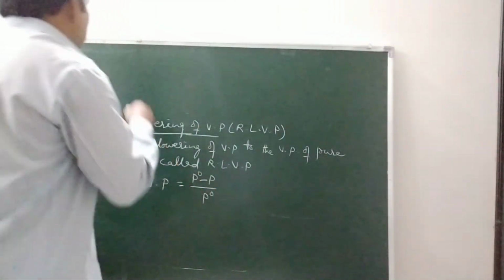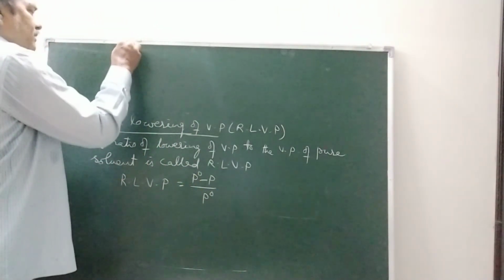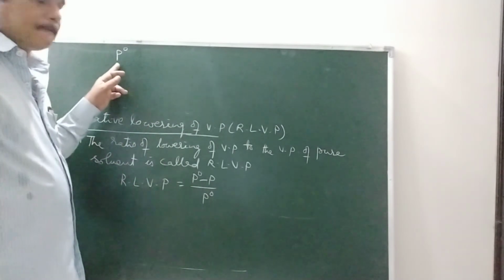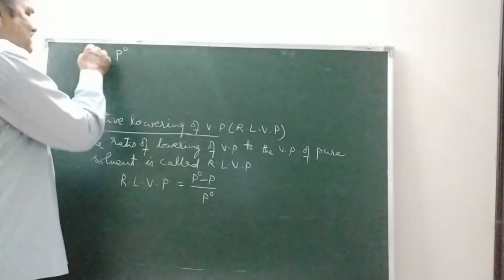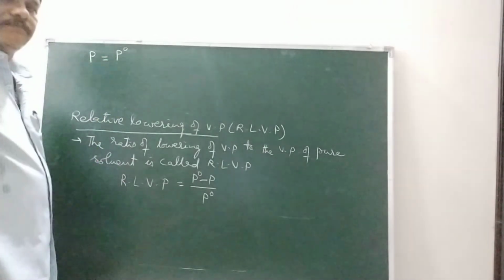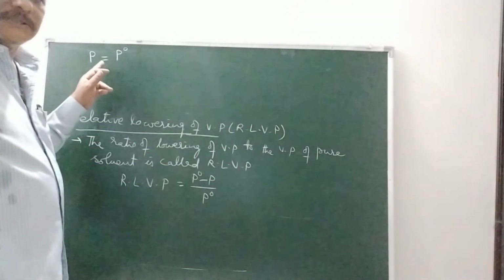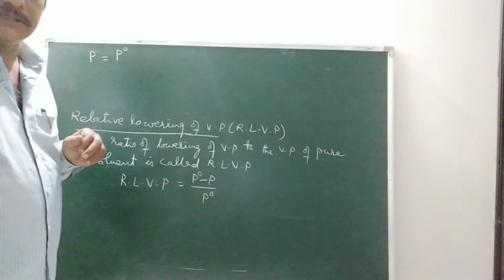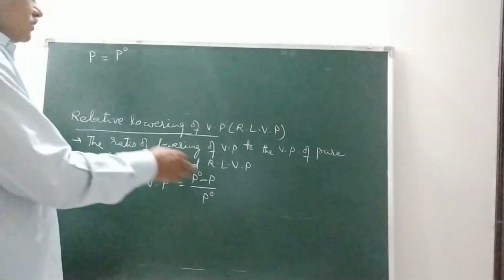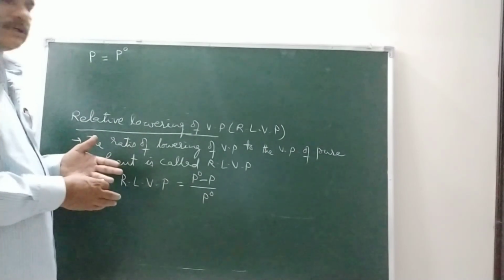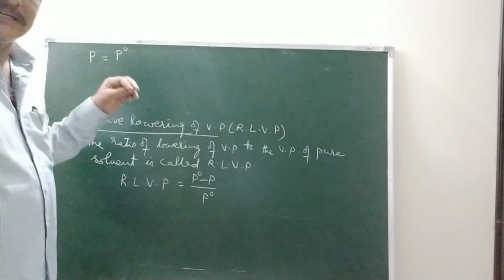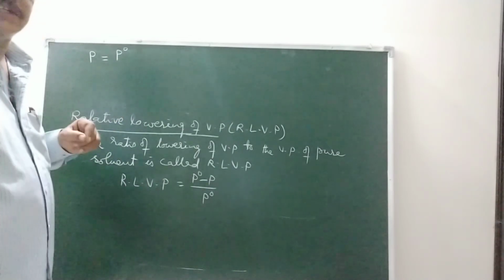Say P naught is the vapor pressure of pure solvent, and P is the vapor pressure of the solution. Here the solute is non-volatile; only the solvent has the volatile nature. Those particles cause the vapor pressure.